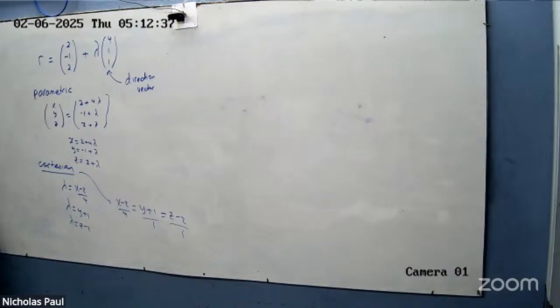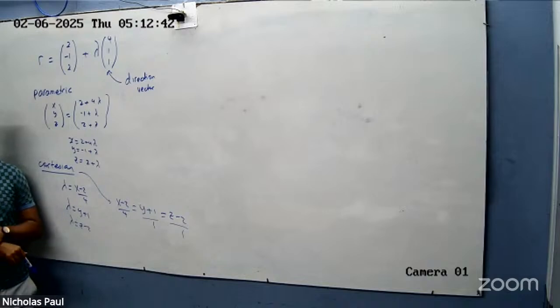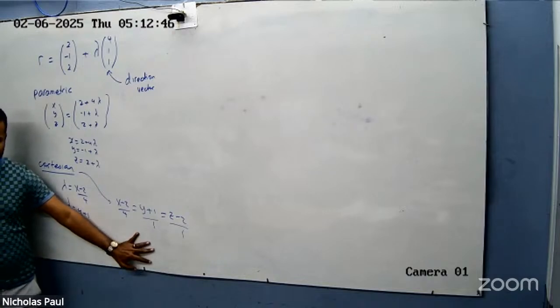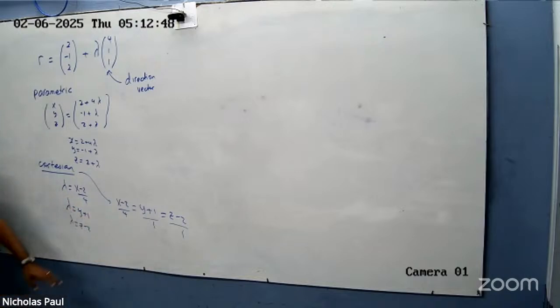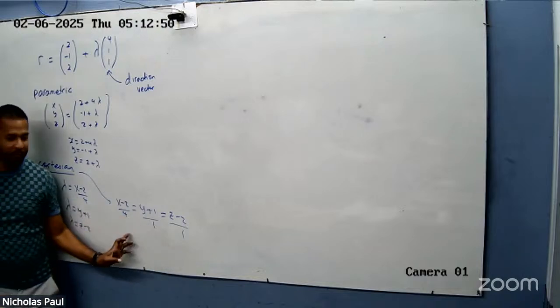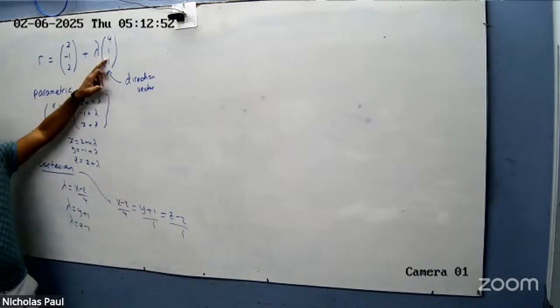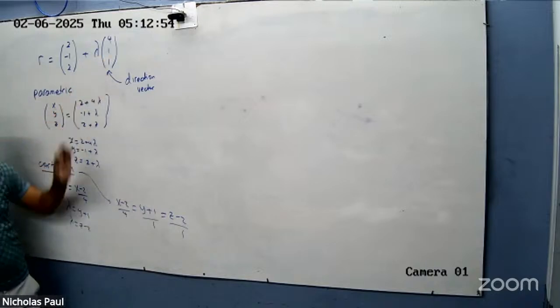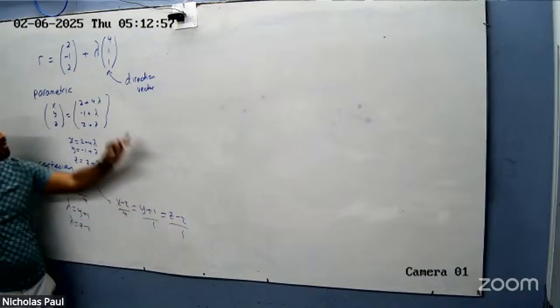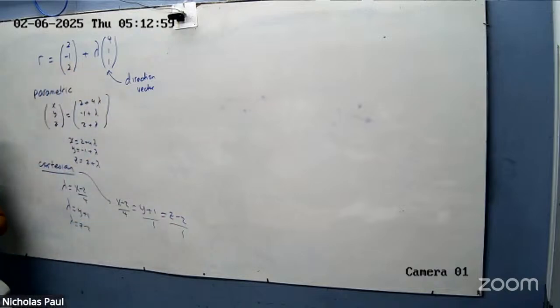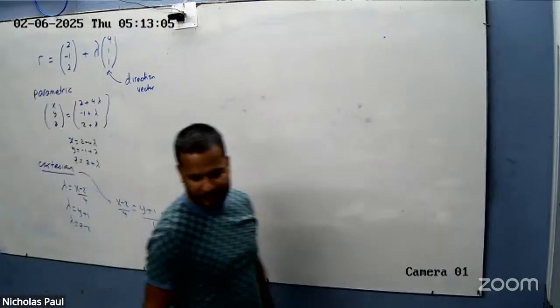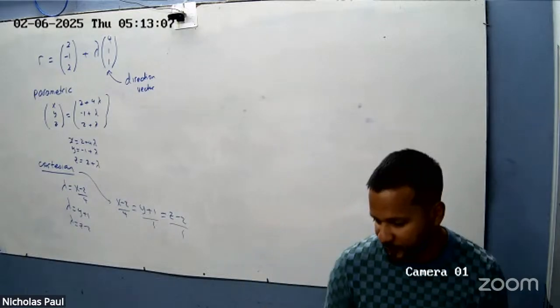Look at the denominators in the equation. So if you look at the denominators here, 4, 1, and 1, that will be the direction vector. If you change the sign of these values here, that will be your point on the line. All right. So you want to take a look at something called skewness.